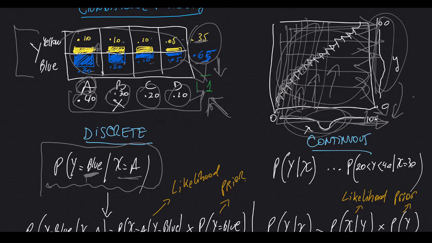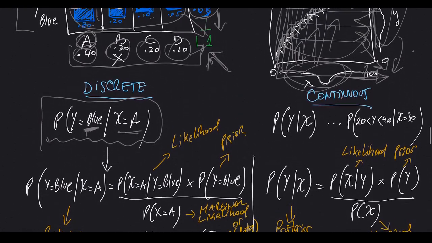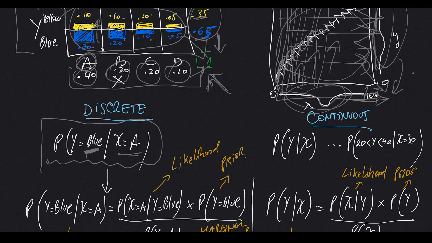Basically we want to know the probability that it landed in blue. As I said, we can determine that almost visually, but otherwise we just do 0.3 divided by 0.3 plus 0.1, which is 0.4, and that's 0.75.